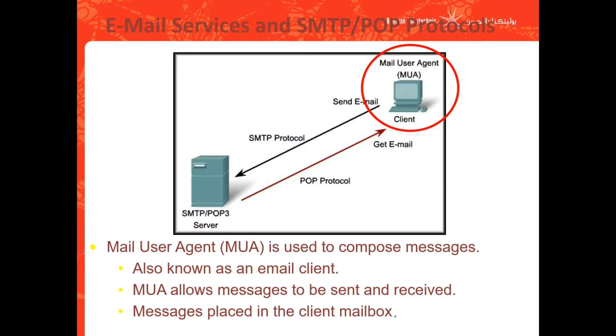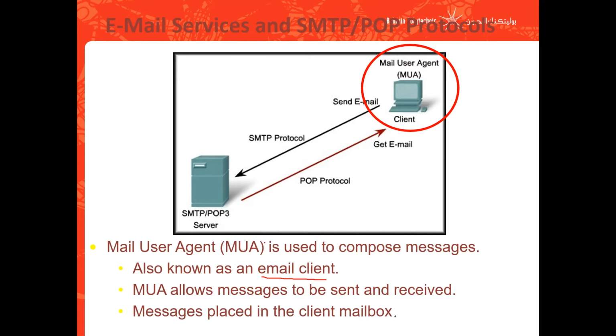Now there's something called a mail user agent, which is nothing but the agent or the device that creates the message, that creates the email. So it's also known as an email client here, and it allows messages to be sent and received, and they're placed in the client mailbox.